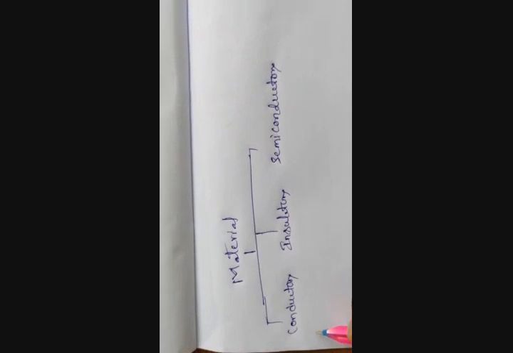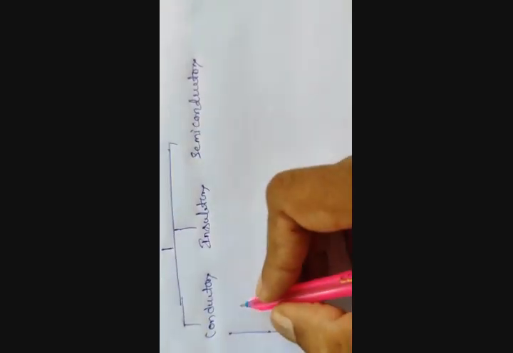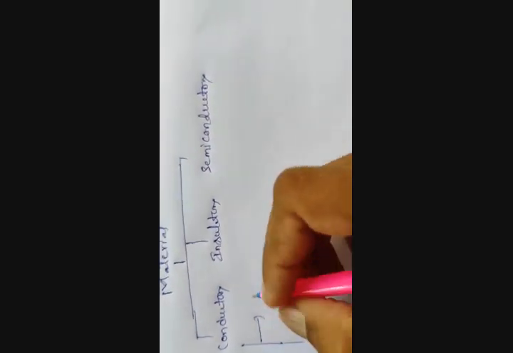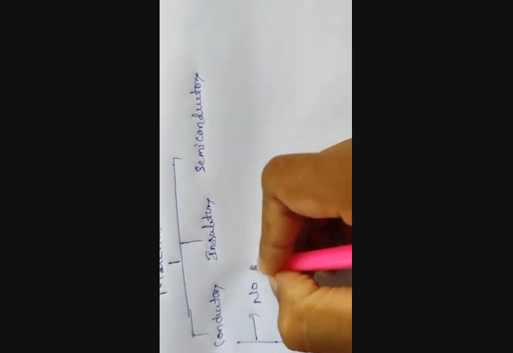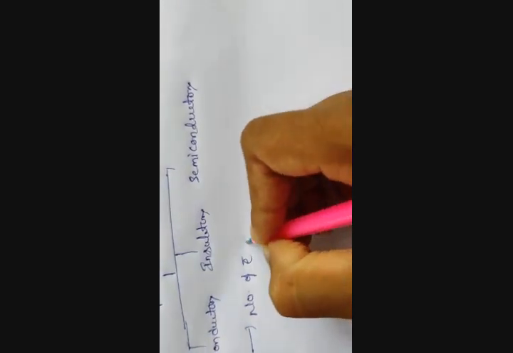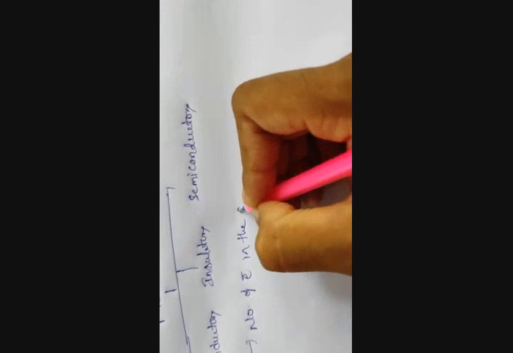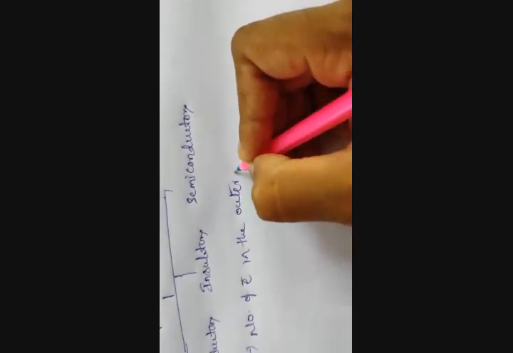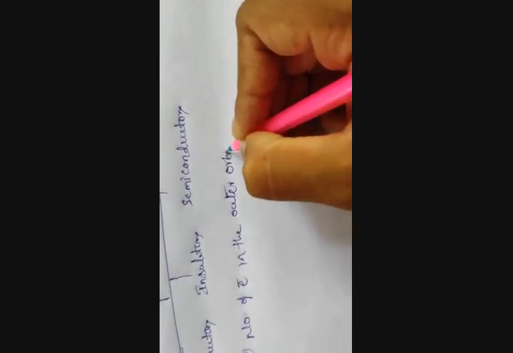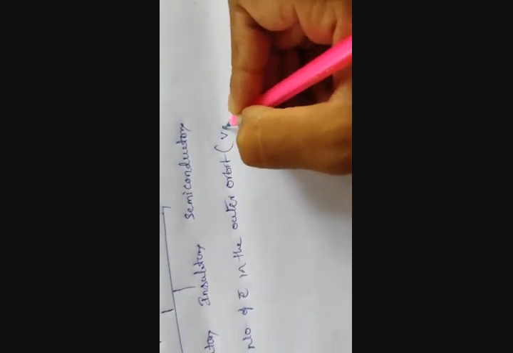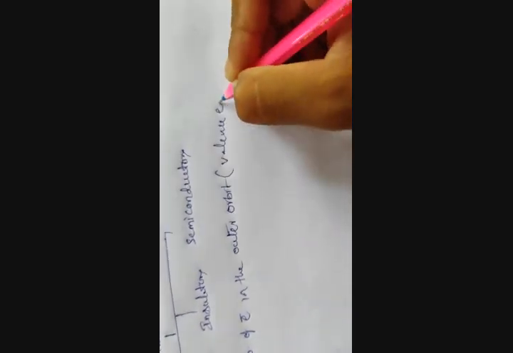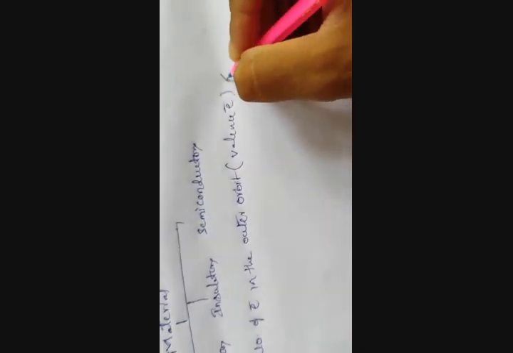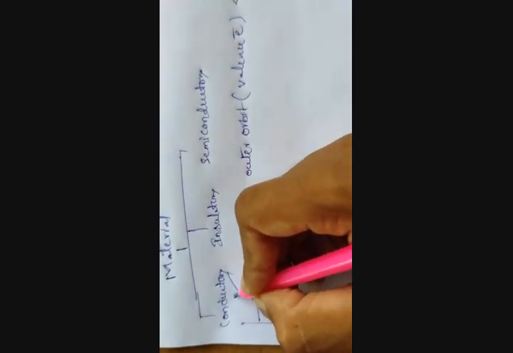Coming to the conductors, when the number of electrons in the outermost orbit, that is valence electrons, is less than 4, it is known as a conductor.